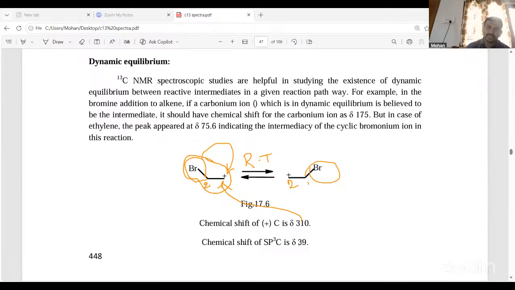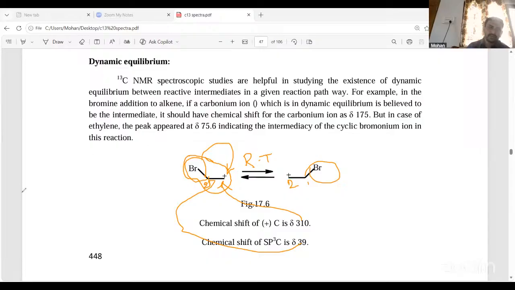And we have two carbons: one is the charged carbon, carrying the positive charge, and another is the neutral carbon without charge. The neutral carbon is showing the delta value 39, and the carbocation is showing 310.